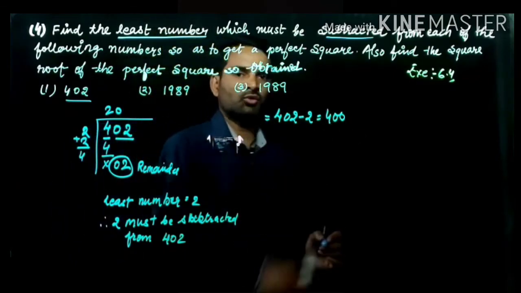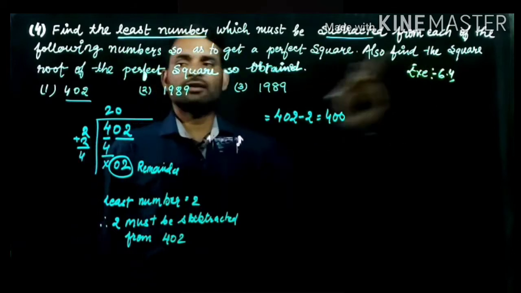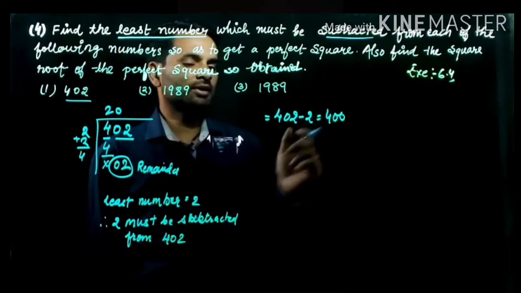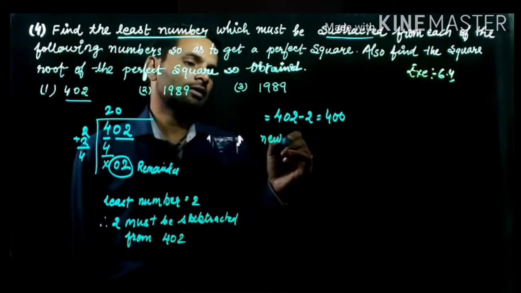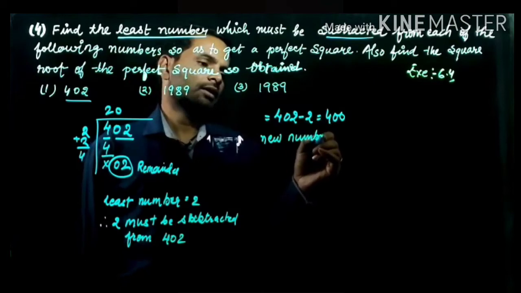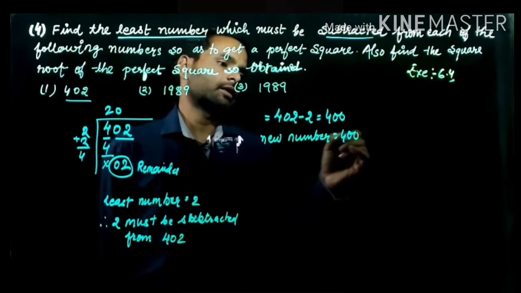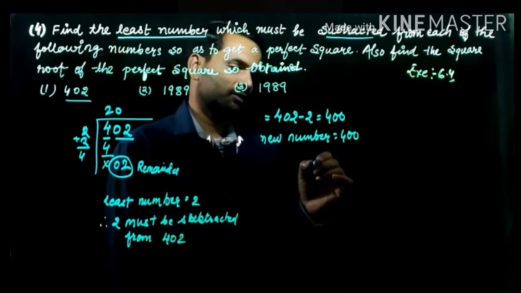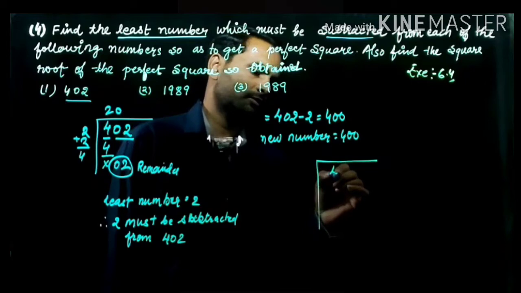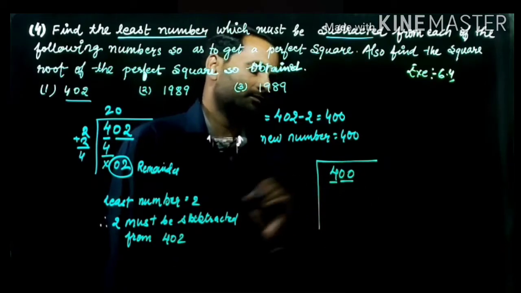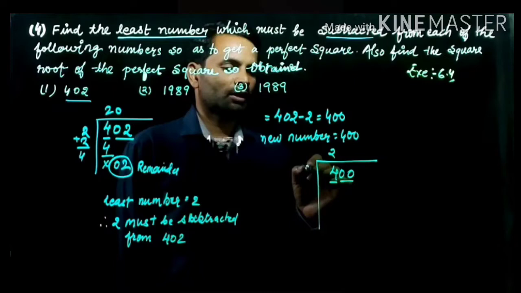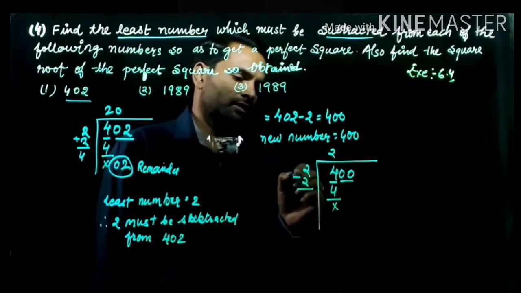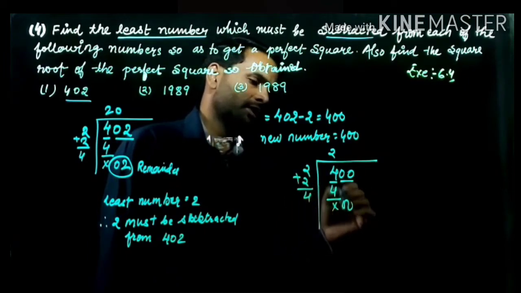The new number is 400, and also find the square root of the perfect square, the new number. Again use the division method, and 400 make a pair. Okay, and 2 to the 4, cancel, that is 2, add 2 at 4, and 00 is only 0.